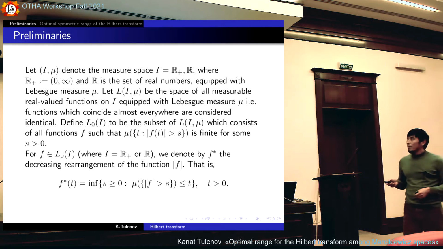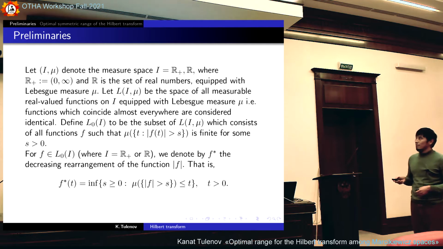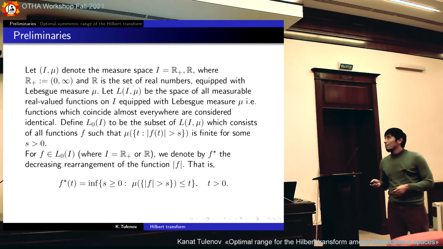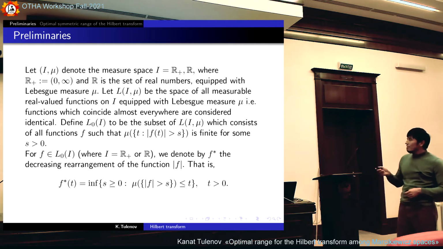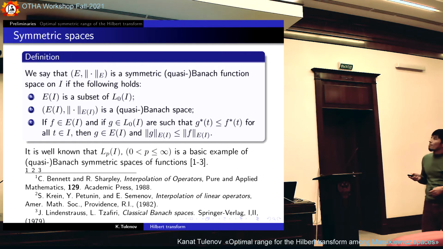Then for any f from L0, we denote by f star the usual decreasing rearrangement of the function f that is defined by this formula.